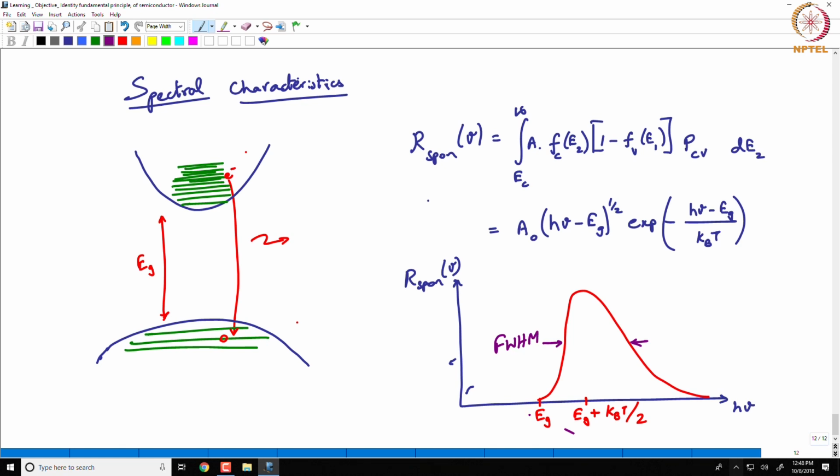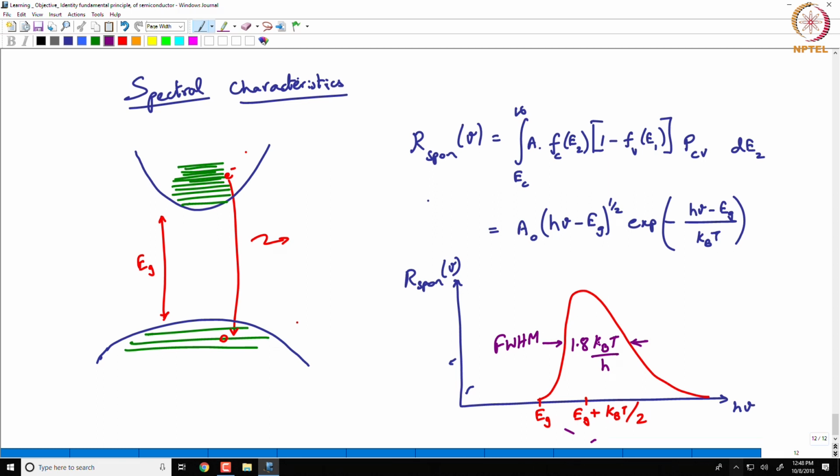Again, we are not doing it rigorously, but you can find out by plotting that expression, and you will see that it corresponds to a value given by 1.8 times kBT divided by h. That will be the full width half maximum of this LED.